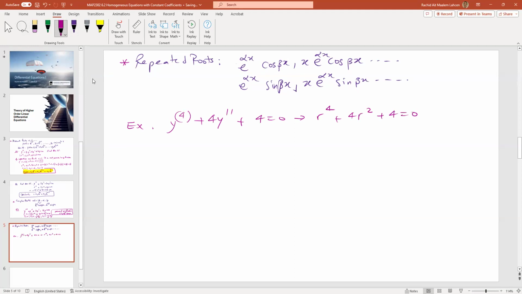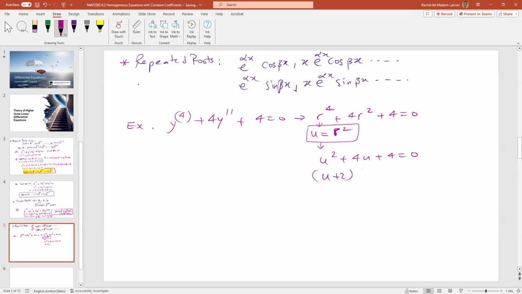You've done it in the past. Some of these even show up in college algebra, where they use substitution, and this becomes now u squared plus 4u plus 4 equals 0.